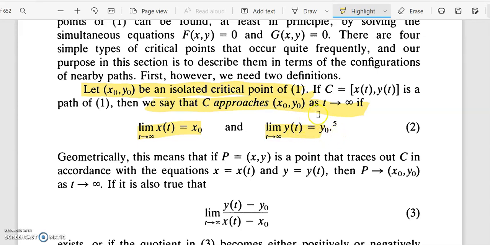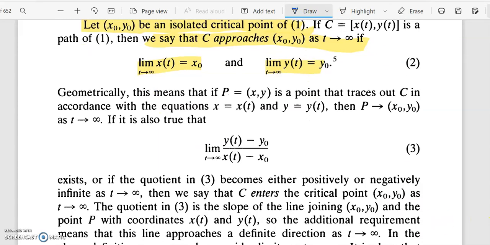That is our first definition. Now the second definition is when c enters a critical point.